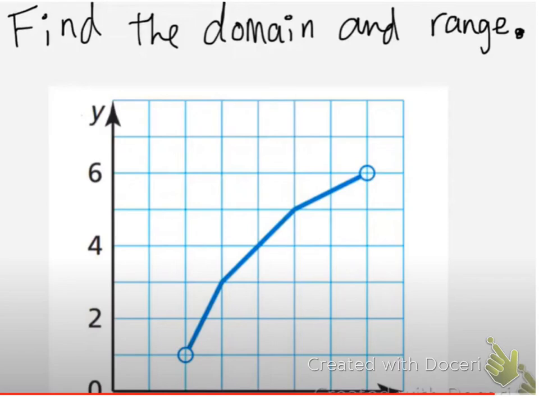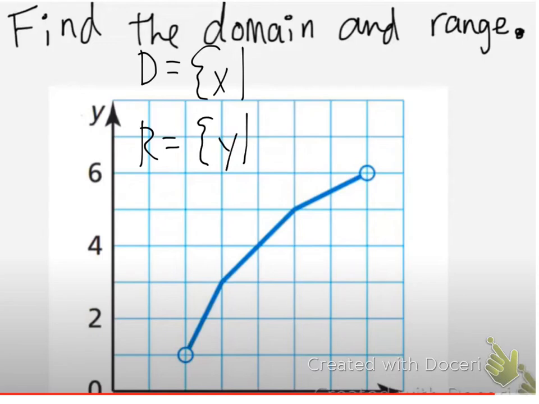Very similar type problem here. It wants me to find the domain and range of this graph. So, my x values, my domain, I'm looking horizontally from left to right. Does this graph go the same direction forever and ever, or does it have stopping points? Yeah, it stops here and here, right?